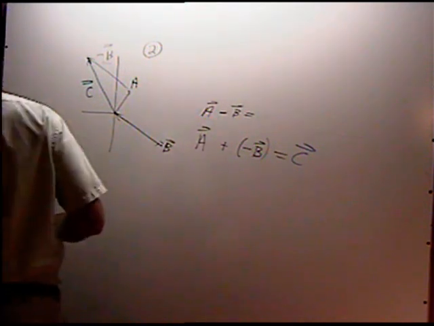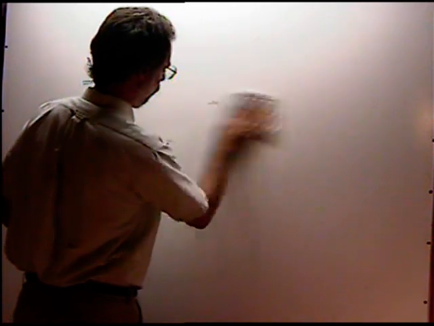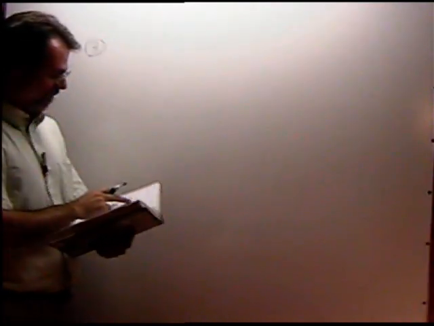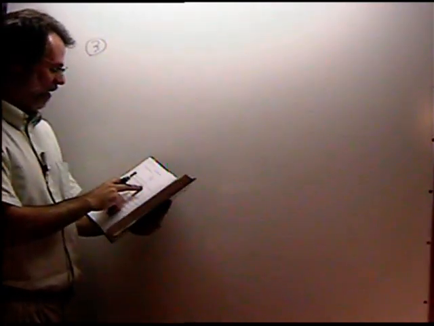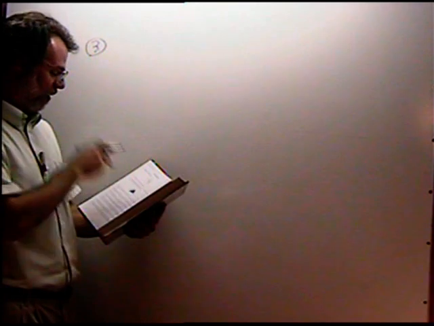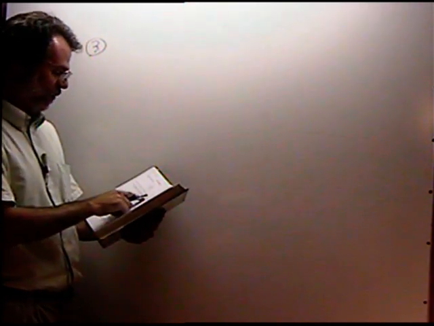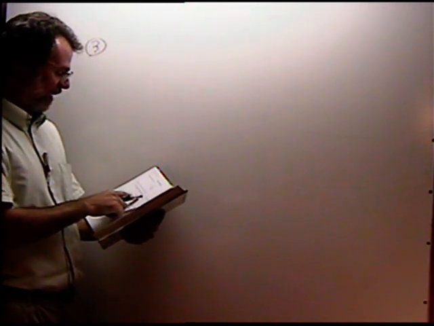All right, let's do number 3. Problem number 3 says the velocity of the plane is pictured below along with the velocity of the wind through which a plane is flying.